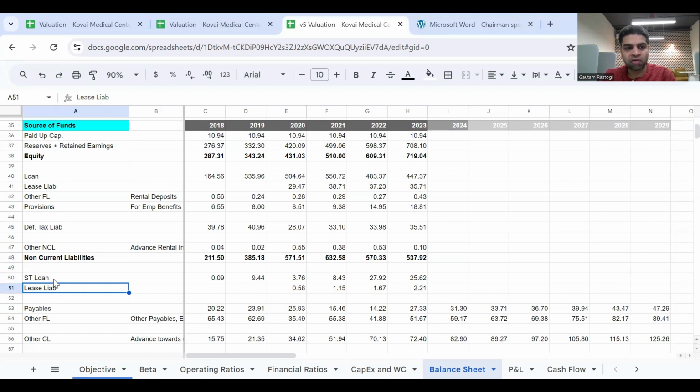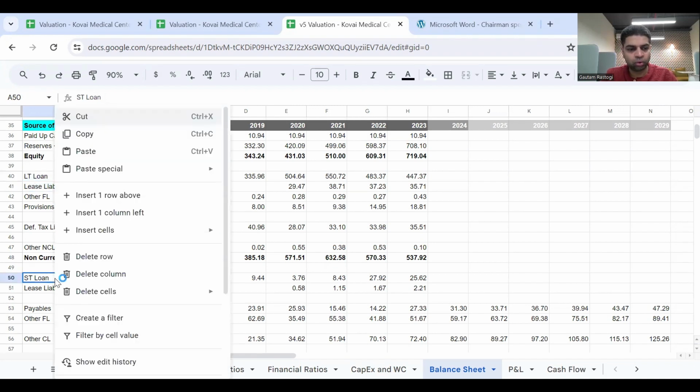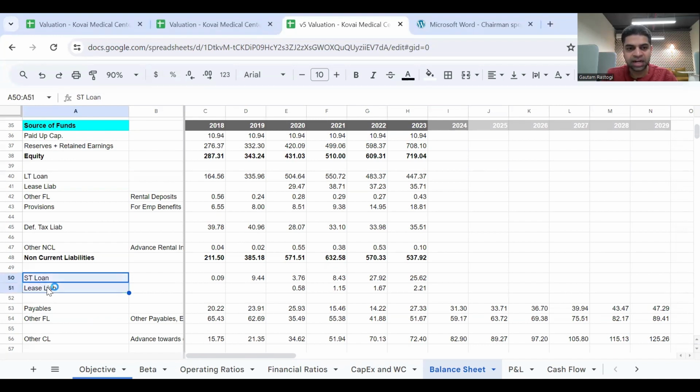So what we're going to do is, both these short-term loans and long-term loans, along with the leases, so these two items here, long-term loan lease liabilities and the short-term loans and corresponding lease liabilities, we're going to combine them into one and model them as a combined entity, as one line item, instead of trying to model them out separately, because it's going to make our lives easier. So let's do that.